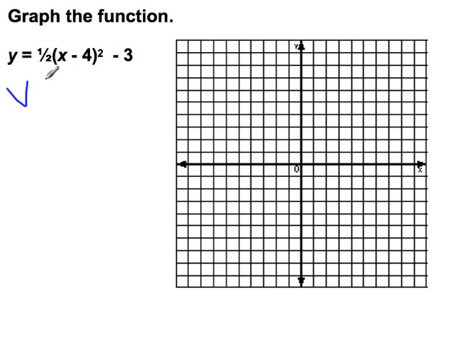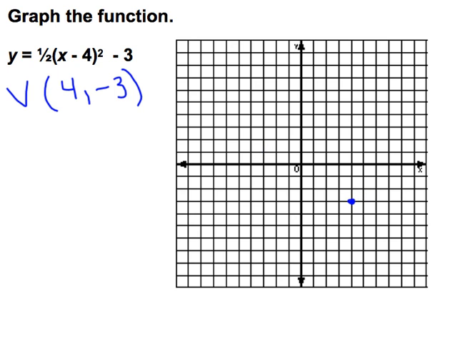I'm going to find the vertex, and the vertex is going to be the opposite of what's inside the parentheses, so positive 4, and the same sign as what's hanging out here, which is negative 3. So our vertex is going to be at the point (4, -3). So I can go ahead and graph that point.